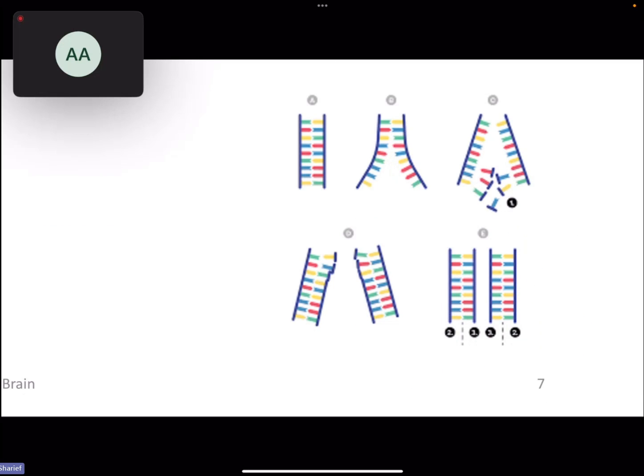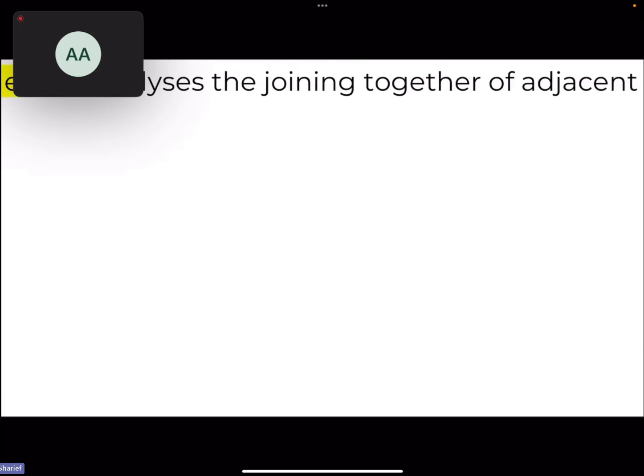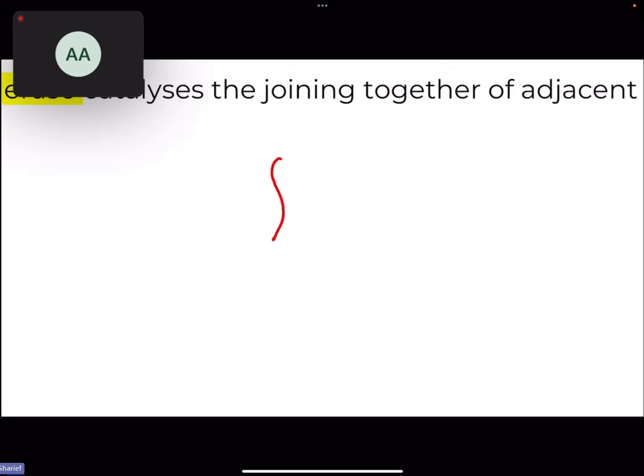So over here, we had these exposed bases. They were attracted to the bases which are on the template strands. So we had, for example, this and this. And we had exposed bases like that, like this. And we had some free-floating nucleotides just going around.